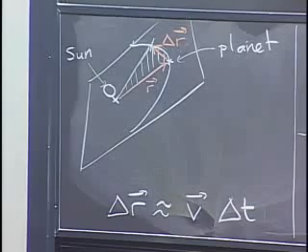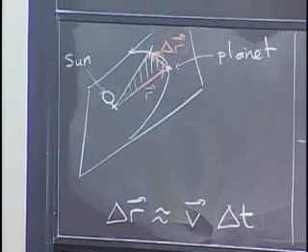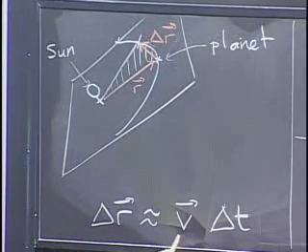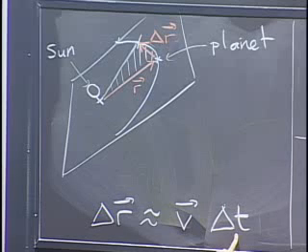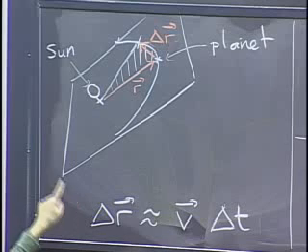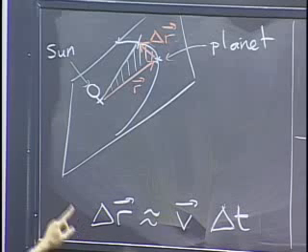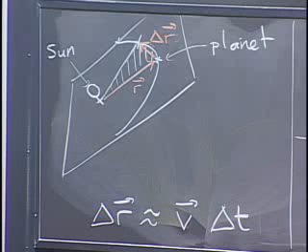How do we see that? Well, let's take a small time interval delta t. In time delta t, our planet moves by v delta t. Okay? So if it moves by v delta t, it means that this triangle up there has two sides. One is the position vector r, the other one is v delta t. So its area is given by 1/2 of the magnitude of a cross product.